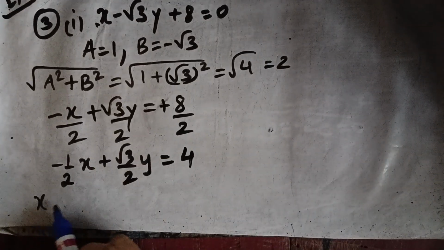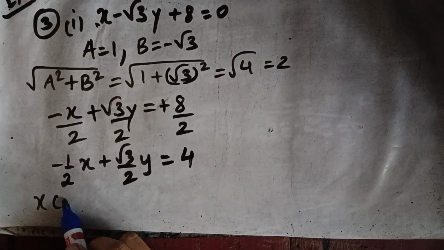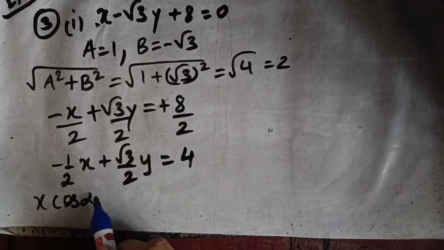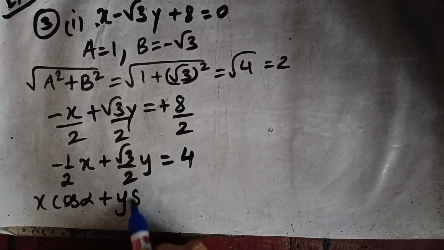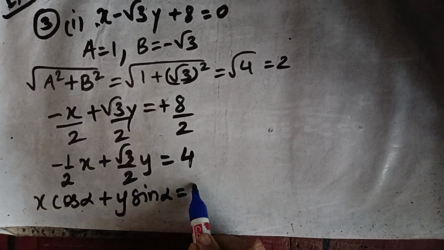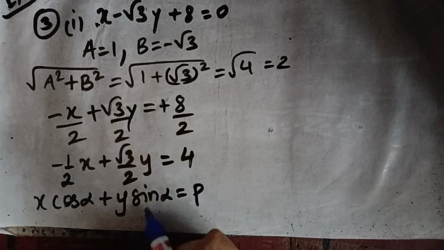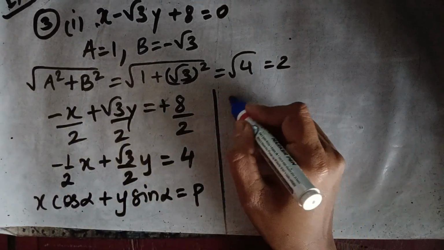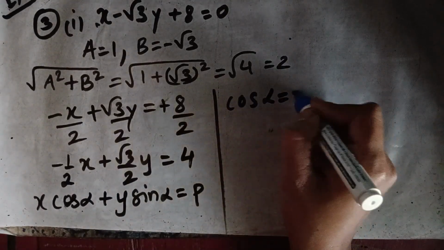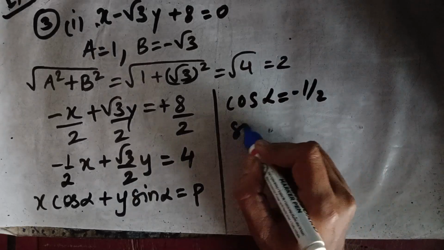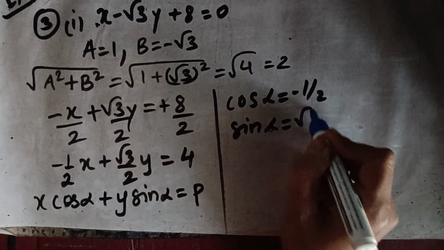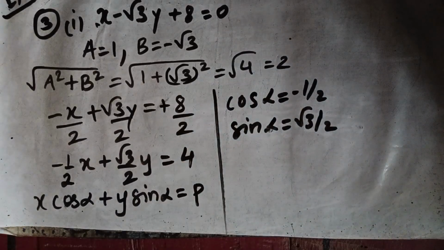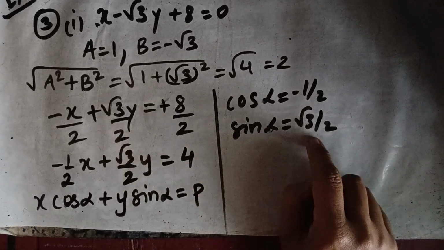So this is cos alpha, this is sin alpha, and p. Okay, p is 4. Cos alpha is minus half and sin alpha is root 3 by 2.